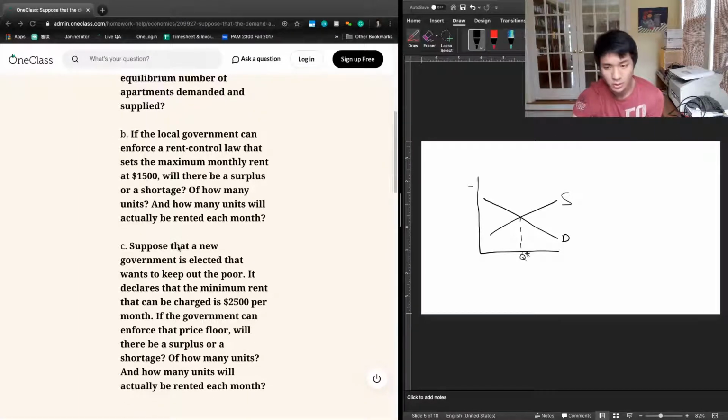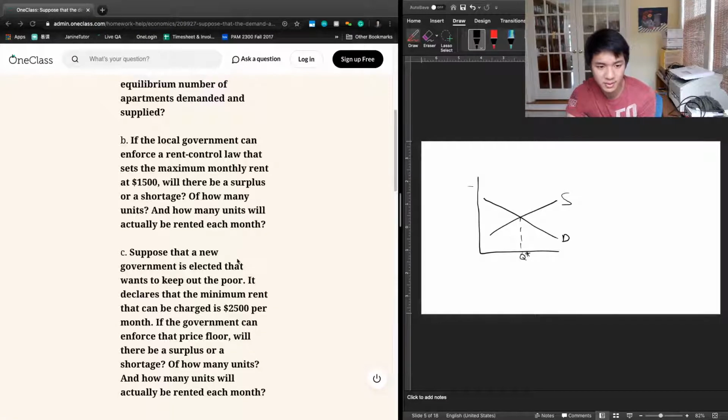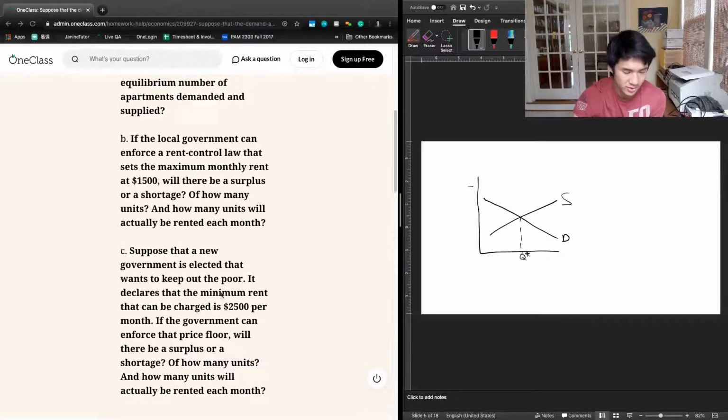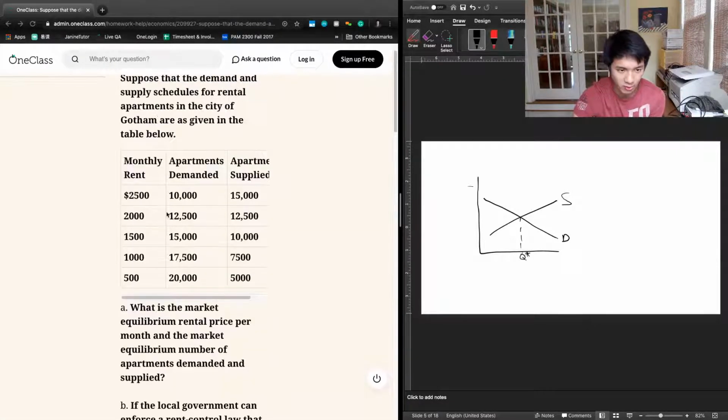And finally, question C says, suppose that a new government is elected that wants to keep out the poor. It declares the minimum rent that can be charged is $2,500 per month. If the government can enforce that price floor, will there be a surplus or a shortage, of how many units, and how many units will actually be rented each month? So this is the opposite. Instead of a price ceiling, we have a price floor. At $2,500, we're going to have a surplus, right? It's too expensive.